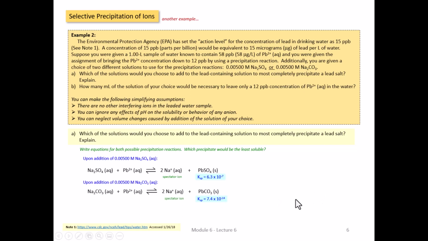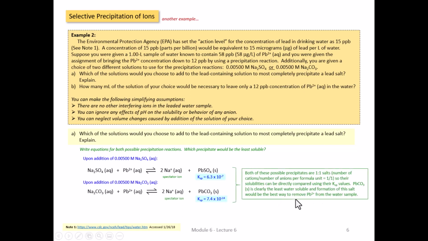However, here we do have the advantage that both of these possible precipitates are 1-to-1 salts, meaning 1 cation to 1 anion. And remember, under that situation, you can directly compare the KSP values.